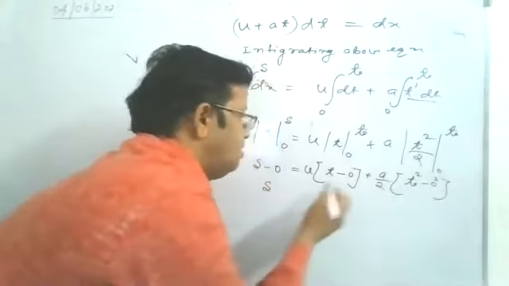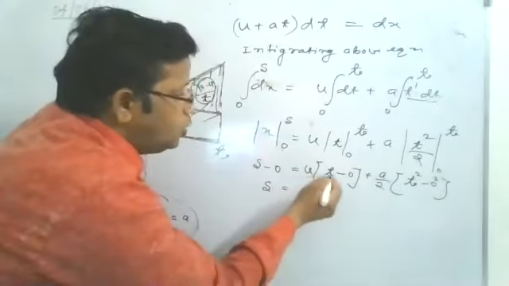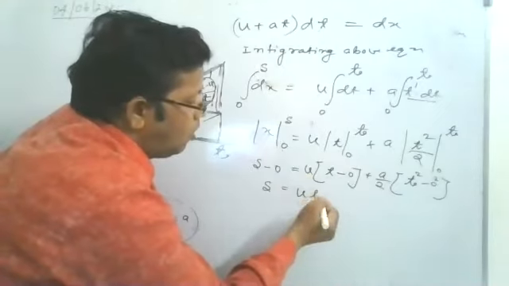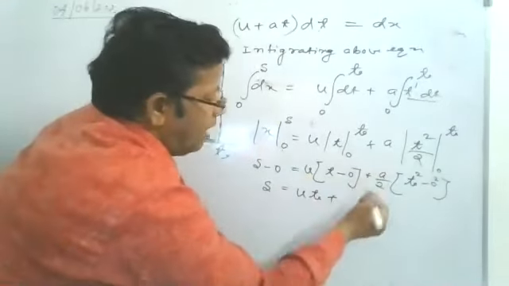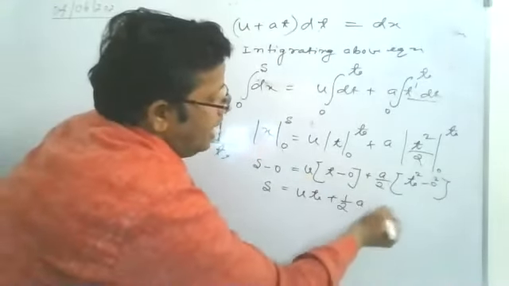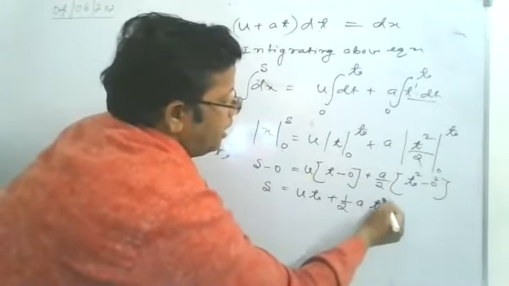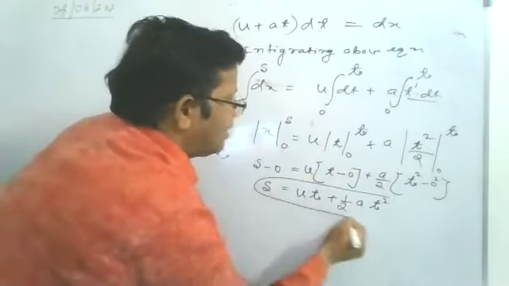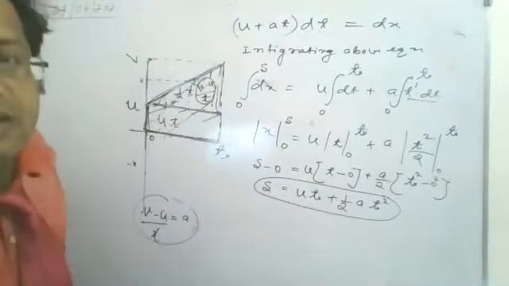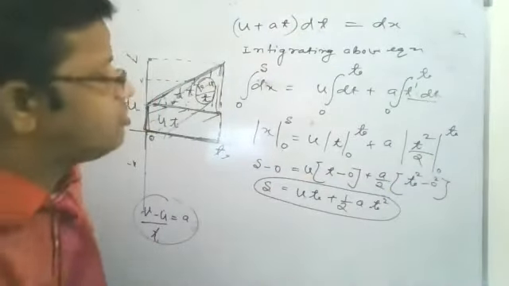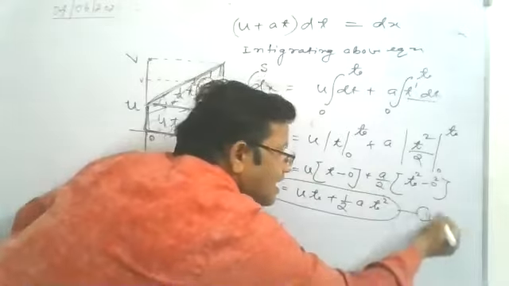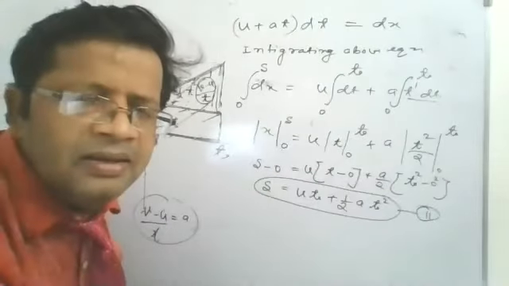What is the formula? s is equal to ut plus half, 1 by 2 a t square. But you have already studied this formula, this equation, second equation of motion in class 9th.